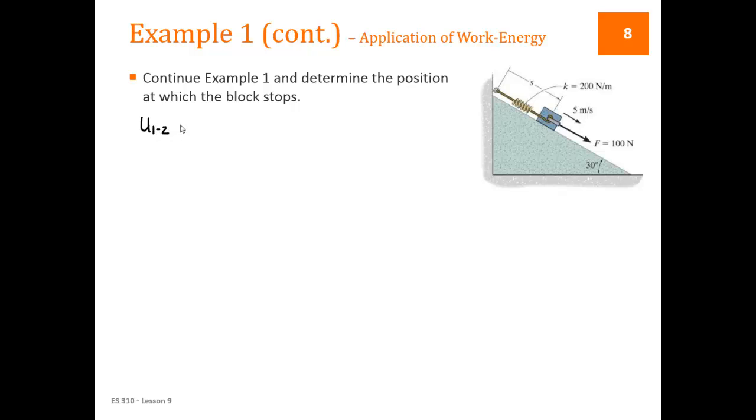The work from 1 to 2 was 100, which is this force, times S1, minus 1/2 of K, I'll just write it as K S prime squared, where K is given as 200, plus the mg, the weight term, mg sine 30 times S prime.